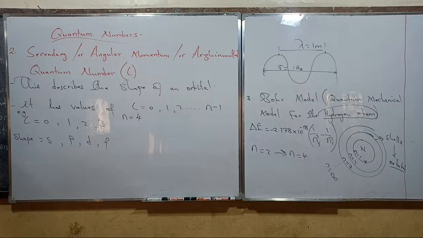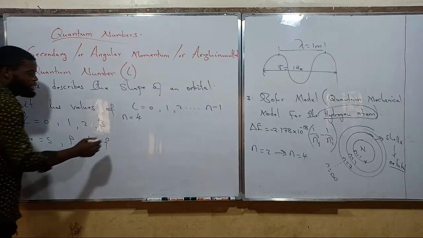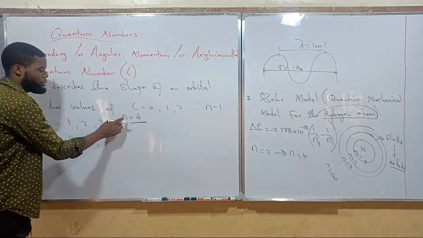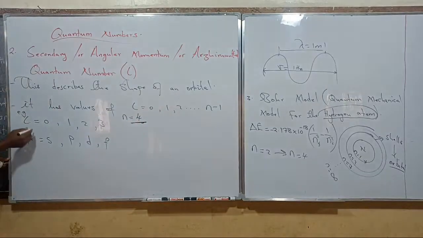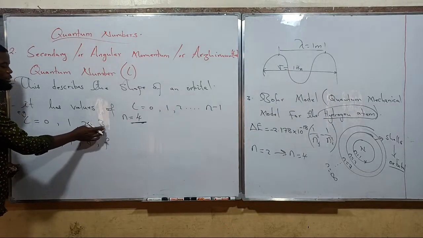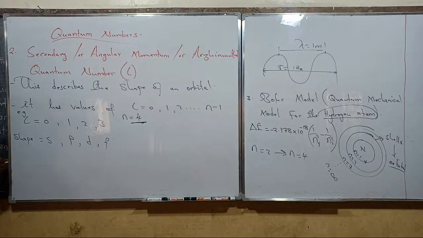Now let's talk about the sublevel designation. For instance, if the value of n has been given to be 4, the value of L is going to be 0, 1, 2, up to n minus 1, which is 4 minus 1, which is just 3.